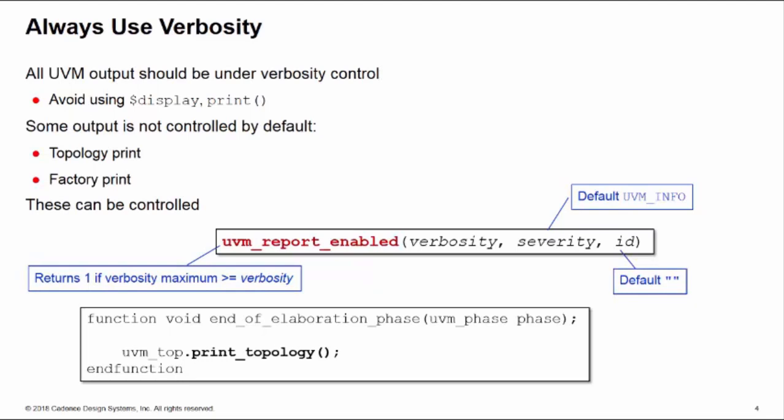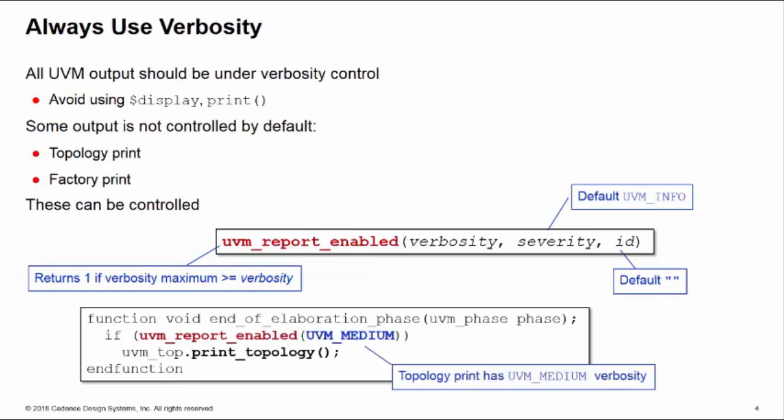So I can just check the return value of report enabled before I call print topology. If the current verbosity setting is medium or higher, I will call print topology, otherwise I won't. So effectively I've put a UVM_MEDIUM verbosity on my print topology call. I can also use the severity and the ID arguments to pick up reports of a certain severity or with a certain ID, as we'll show later.